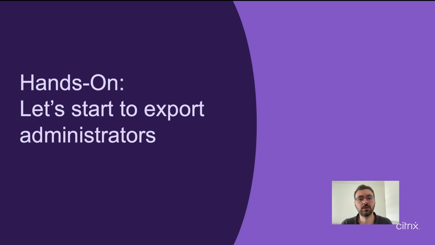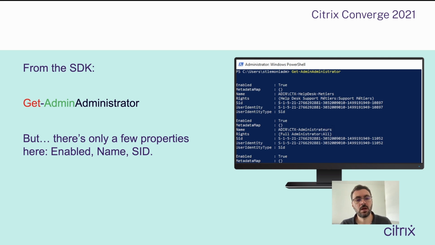Let's start by exporting an administrator. From the SDK and with PowerShell in general, a command starts with what you want to do. I want to get information about this object. I want to create a new one. I want to set properties on this object or remove it. Let's say it's the operation. Then you have a dash and a first word. In this case, it's Admin because it's referencing what category of object I want to work with.